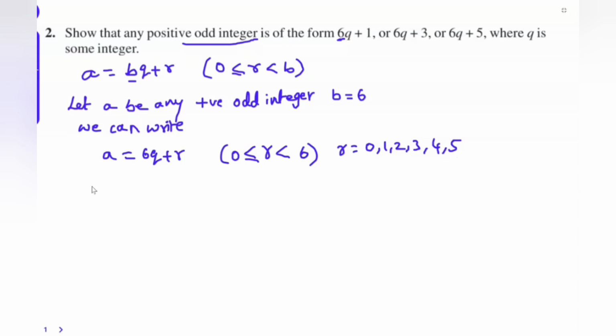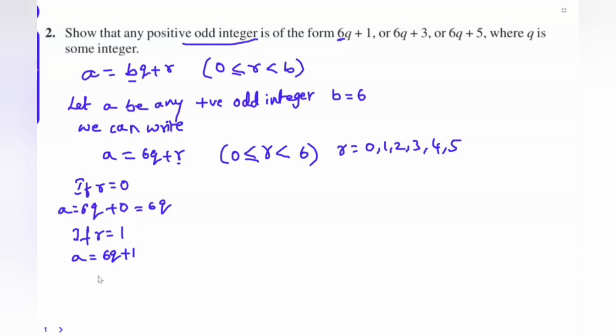So what happens? Let us see in each case. If r is equal to 0, let us substitute r equal to 0 in this. You will have a is equal to 6q plus 0, which is 6q. Similarly, if r is equal to 1, a is equal to 6q plus 1. Just substitute the r value.